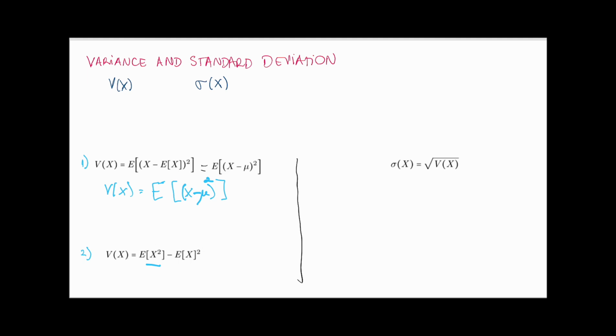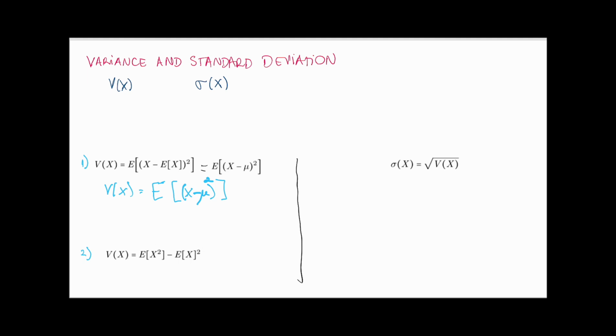The original is x, the new one is x squared, and then take off the original expected value. So get the expected value of the new variable x squared, minus the expected value of the original variable squared. Okay, these are formulas we will practice. So this is the variance.